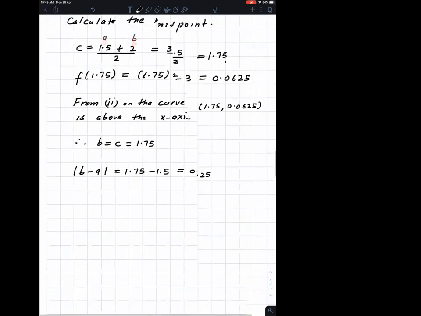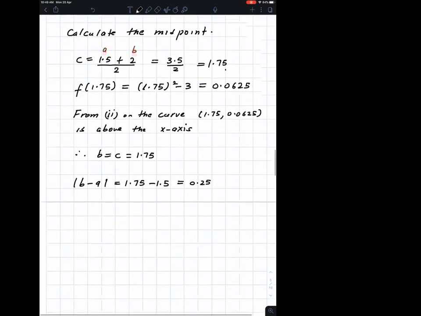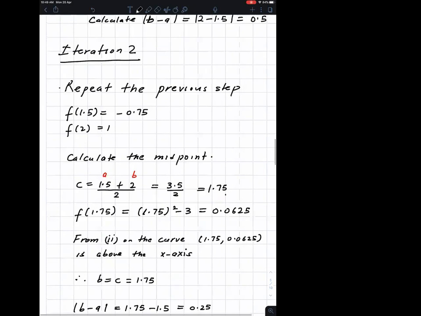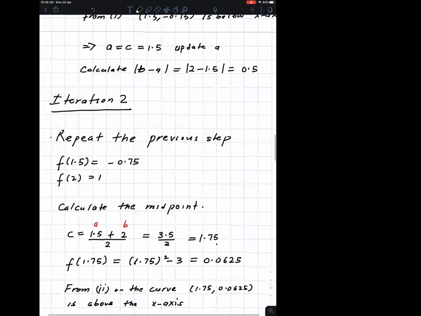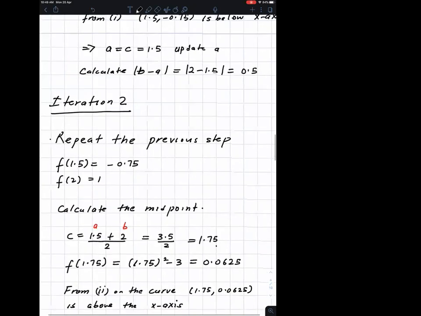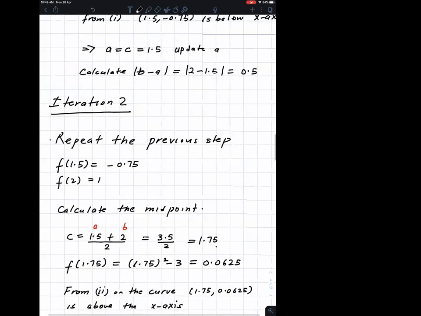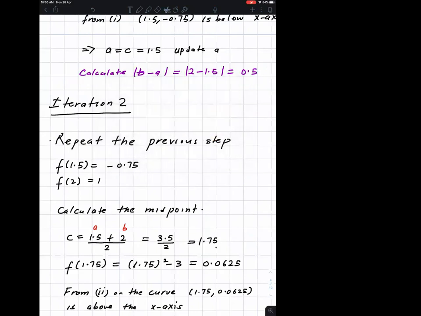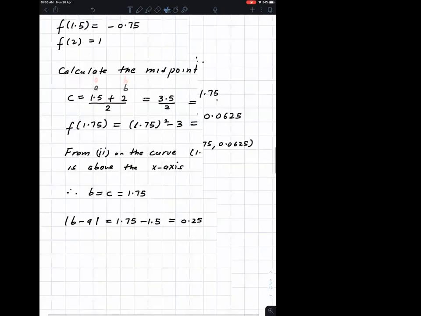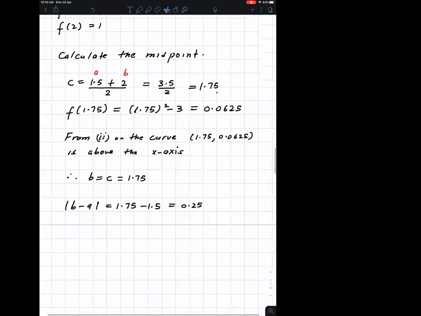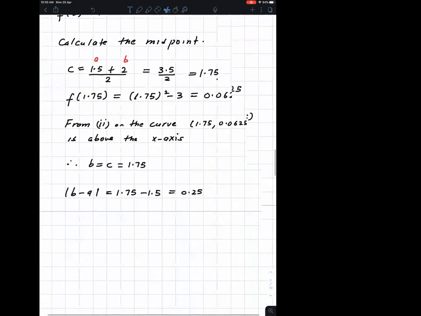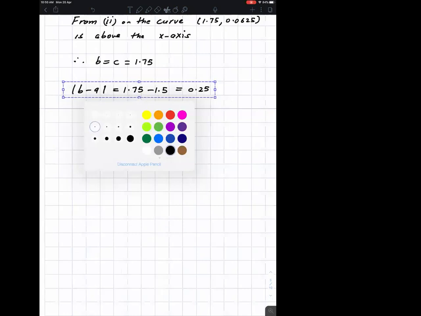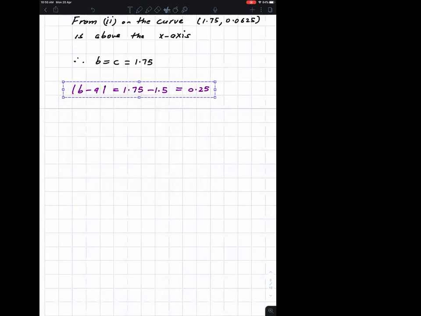Earlier it was 0.5. Now it is decreasing. Now it's 0.25.